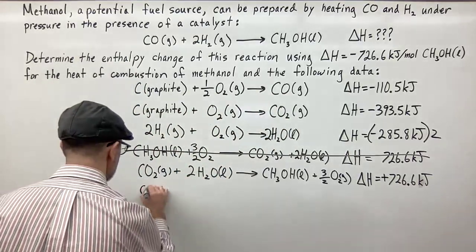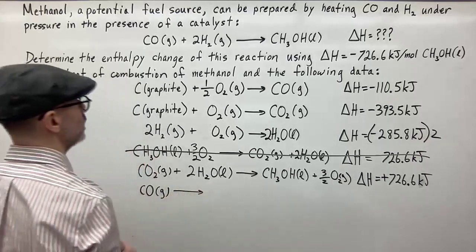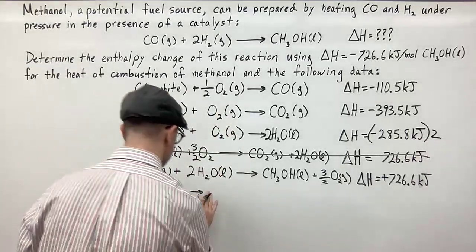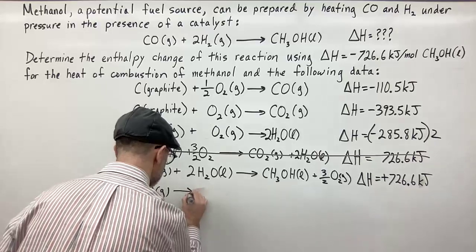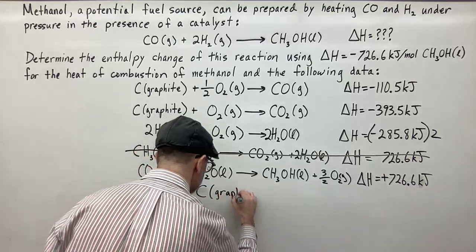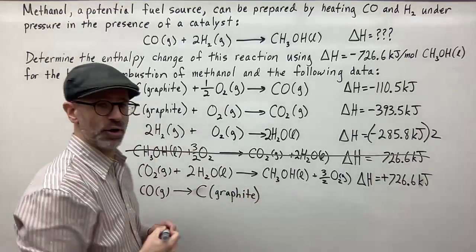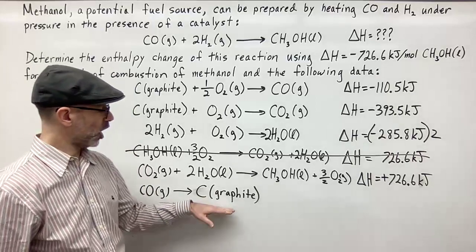So I'm going to have CO gas going to C, carbon graphite. That means you have carbon in the graphite form. You have the allotrope of carbon graphite.